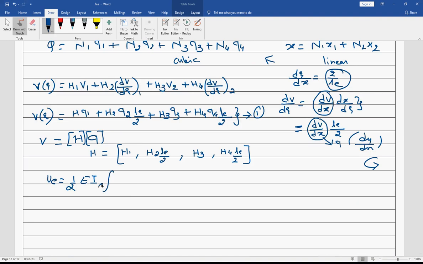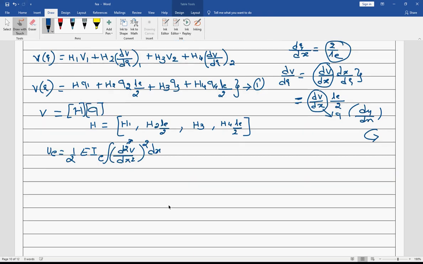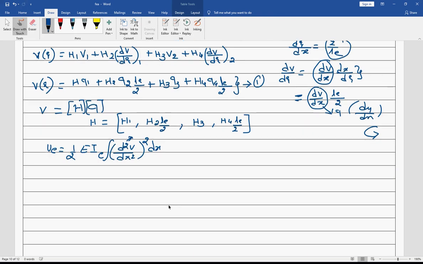Remember, this is what is targeted, what we have to find out. Now we know v is this, correct? And therefore now I can find its second order derivative.